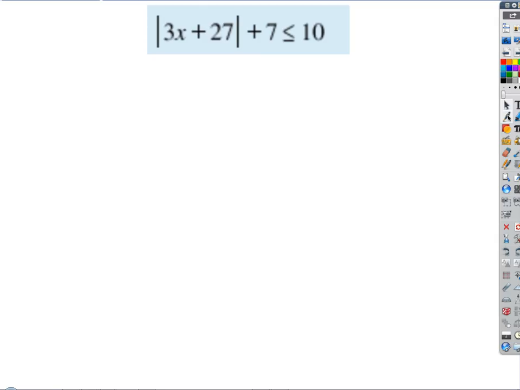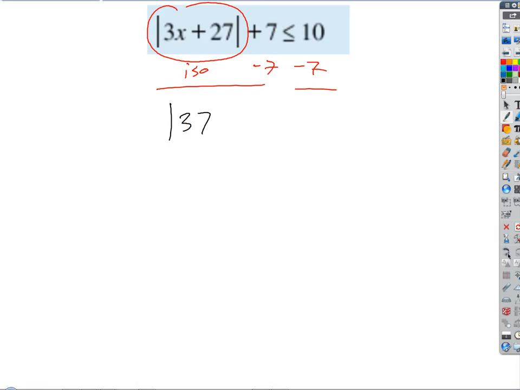So the first step to get this thing isolated, I've got to subtract 7 from both parts. And then I end up with absolute value of 3x plus 27 is less than or equal to what? 3.